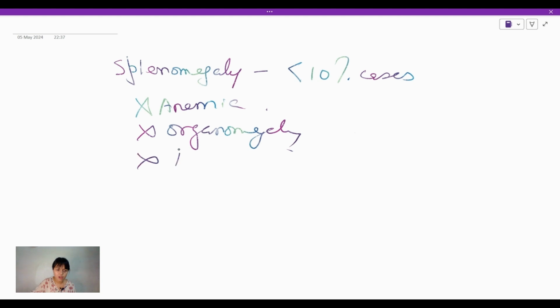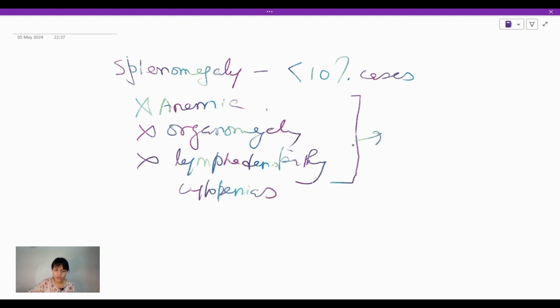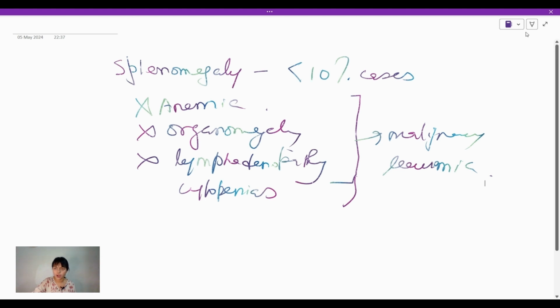There won't be any lymphadenopathy. If you are finding all these things, suppose severe anemia, organomegaly, lymphadenopathy, you will think of what? And also, if you are getting other cytopenias, which is unnatural in ITP, you will think of malignancy, right? Like leukemia. Clear? So this is all about the clinical features of ITP.